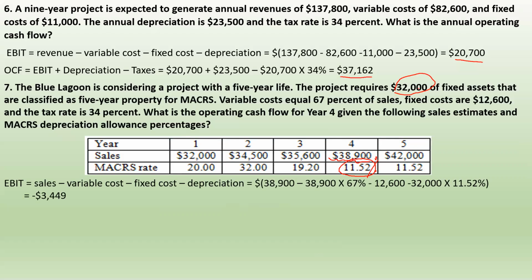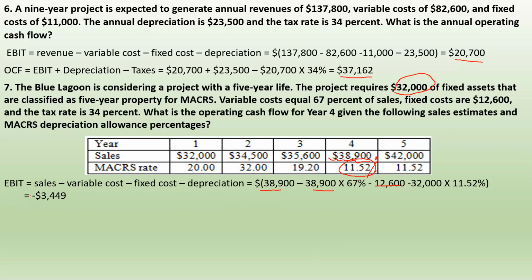So EBIT equals sales minus variable cost minus fixed cost minus depreciation. The variable cost is 67% of the sales, and depreciation is the fixed asset price times the depreciation rate.